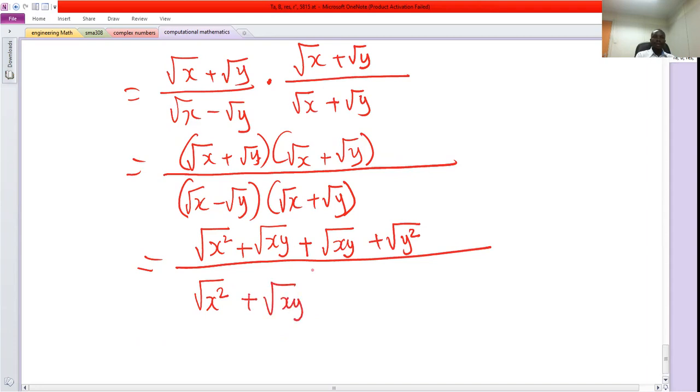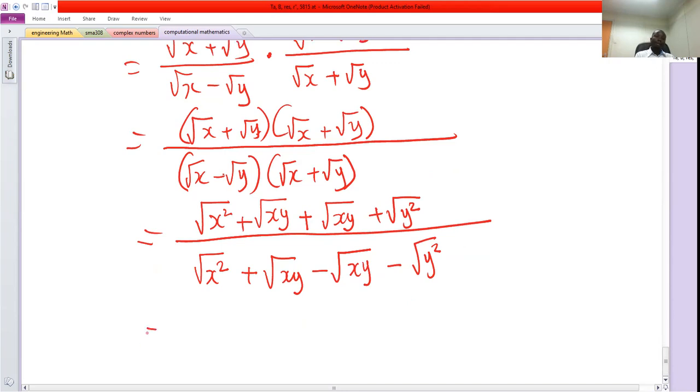Now this minus this plus will have minus, root y times root x is root xy, minus plus is minus, root y times root y is square root of y squared. So that is the next step.